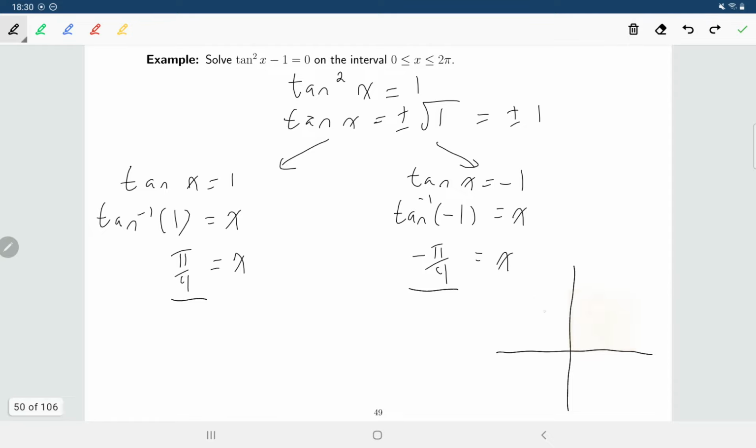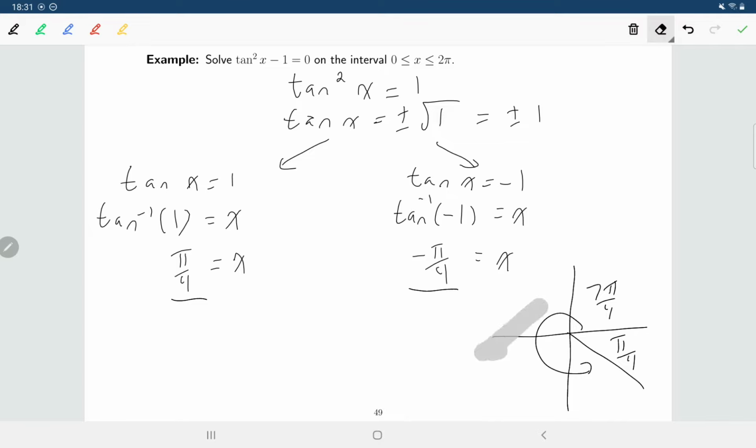It includes 3 pi over 4. It also includes 5 pi over 4. And it also includes 7 pi over 4.